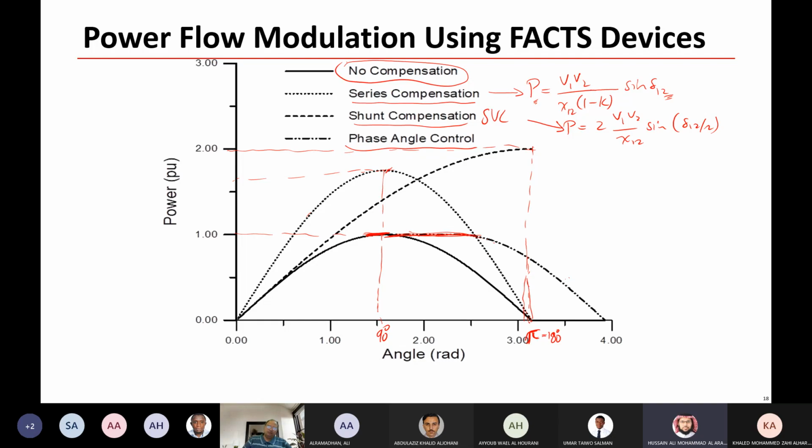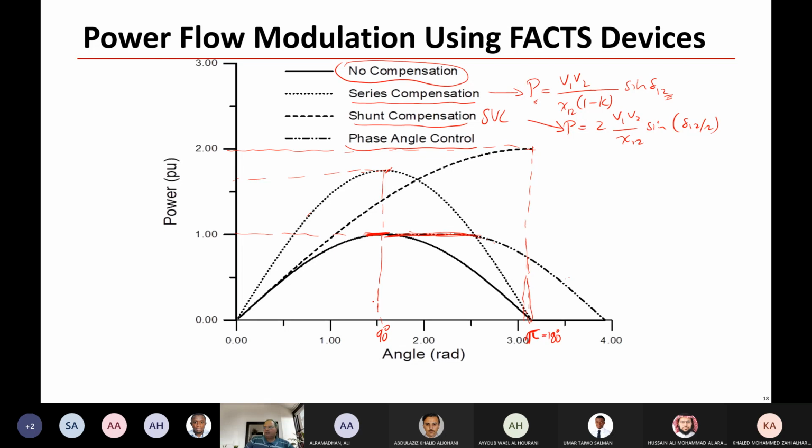We will not lose synchronism so fast with any small sub-transient or transient events which may affect the stability. Okay, you are right.